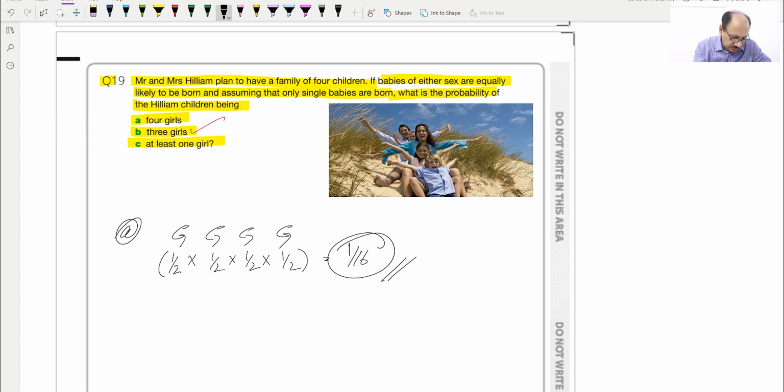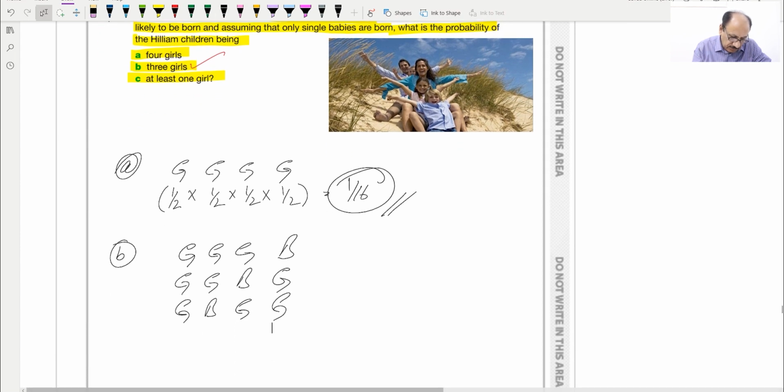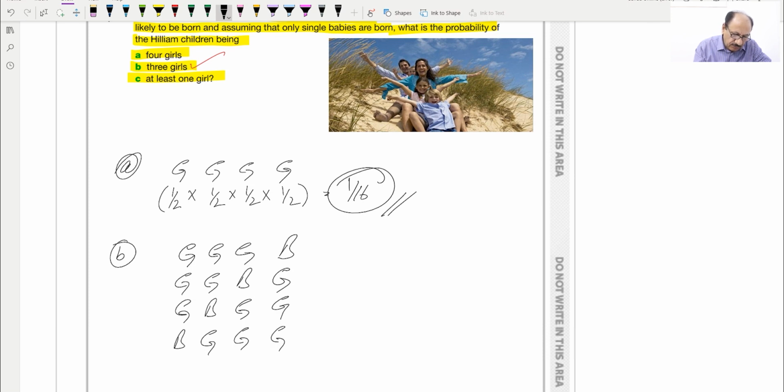Now B part is saying 3 girls. So 3 girls can be different options, like we can have first girl, second girl, third girl, and the boy, and we can have girl, girl, boy here, and this one girl, or it can be girl, boy, girl, and girl. And the last option which we can have is boy, girl, girl, and girl. So these are the 4 options which we can have.